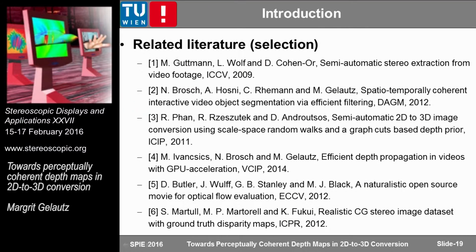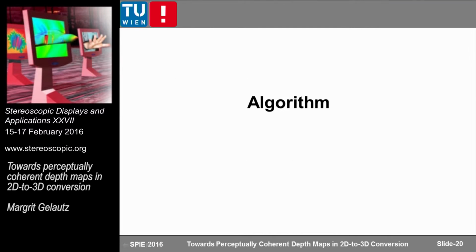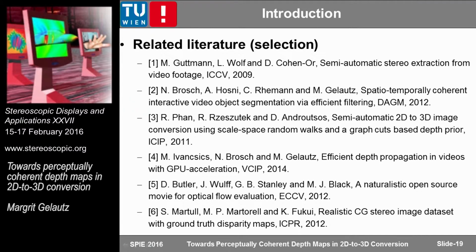And in our algorithm, we want to cope with that. Some of the related literature I'll just shortly mention. We start out with a video object segmentation algorithm that we extend to work as a 2D to 3D conversion algorithm.